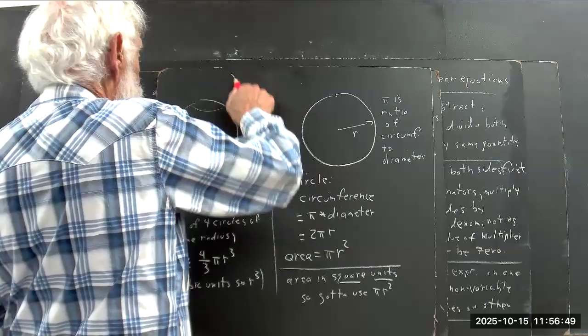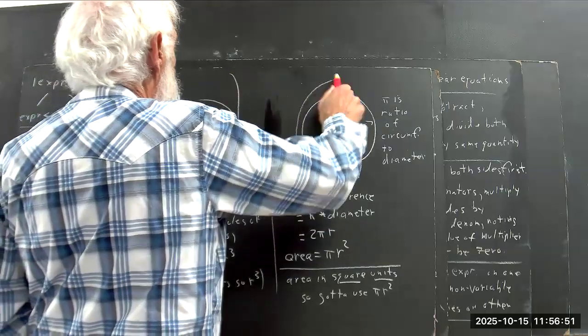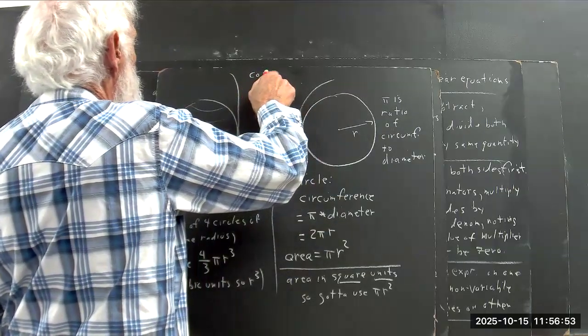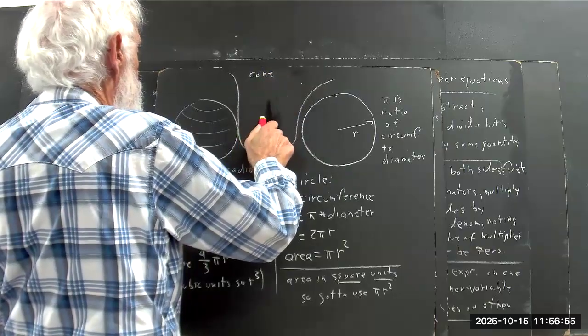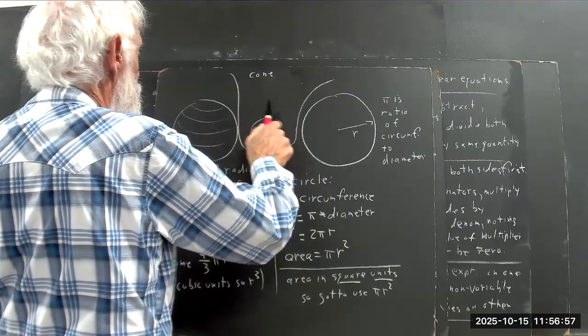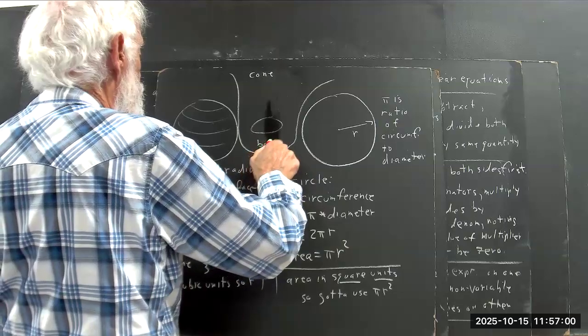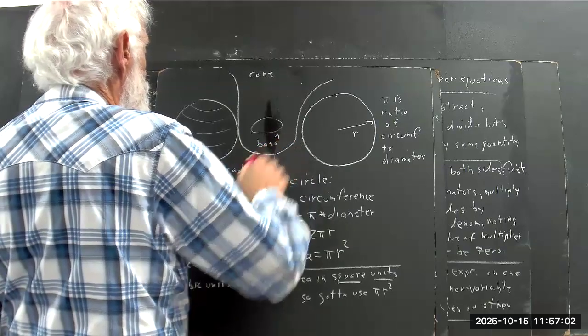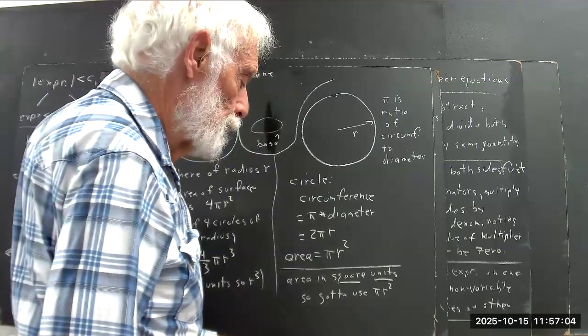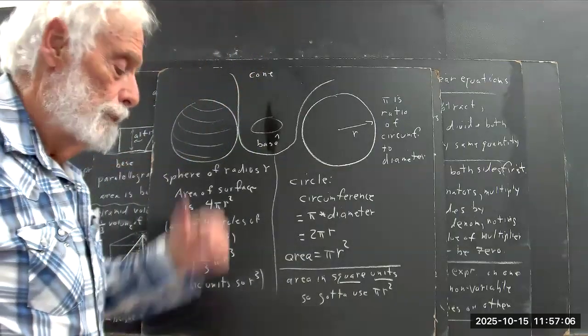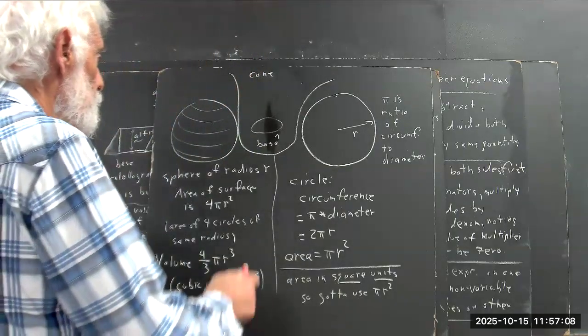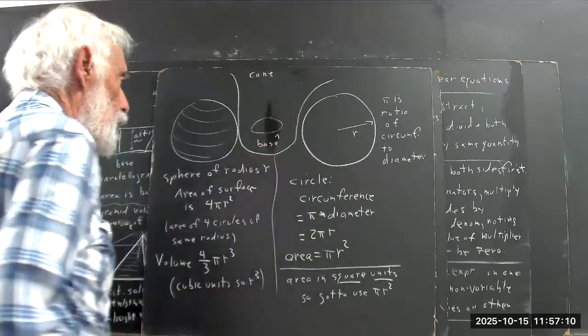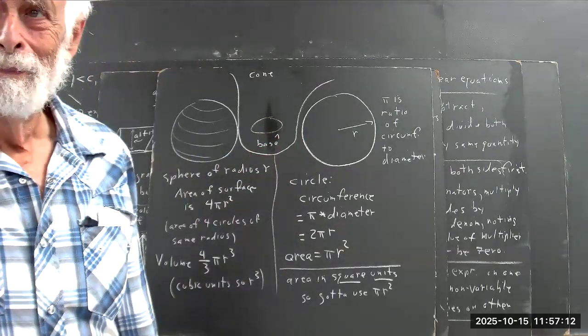One more, I'll do a little space right here. Cone. You got a base. It doesn't have to be a circle. If it's not a circle, you probably don't know how to calculate its area.